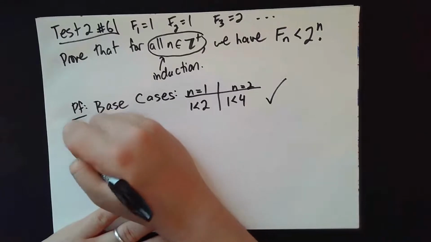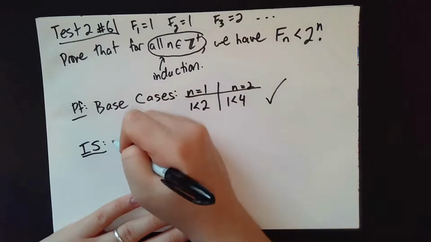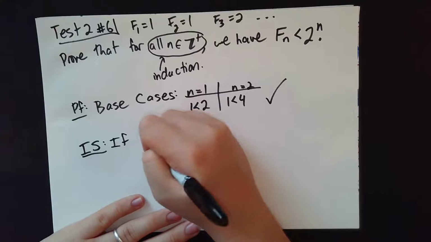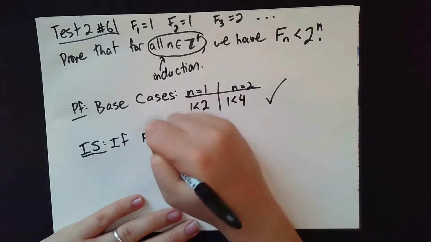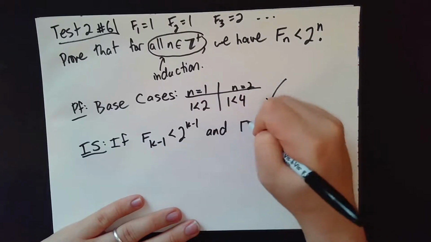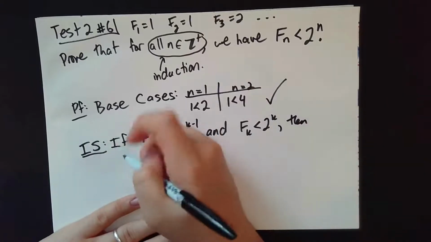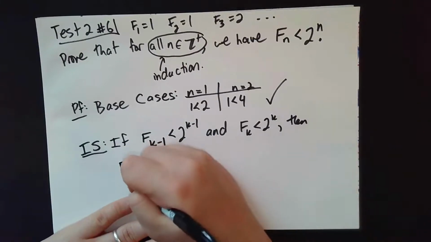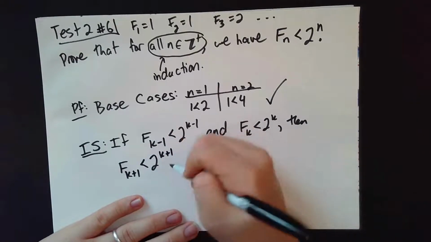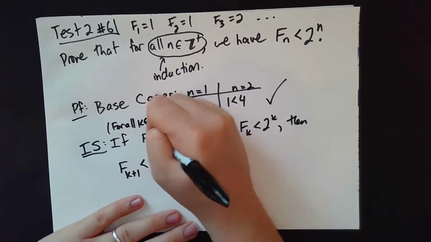And then for my inductive step, I want to write down that if f sub k minus 1 is less than 2 to the k minus 1, and f sub k is less than 2 to the k, then f sub k plus 1 is less than 2 to the k plus 1. And I want this to be true for all k in Z plus.